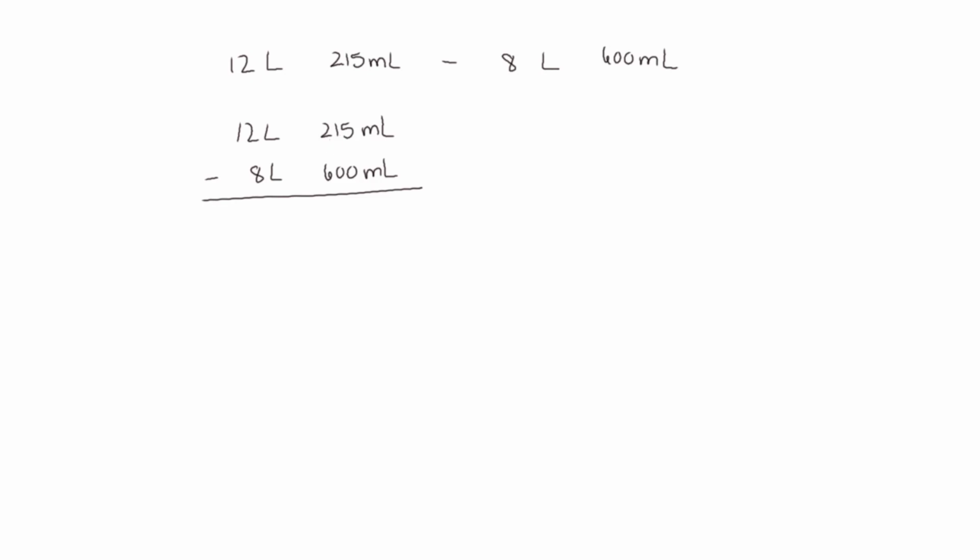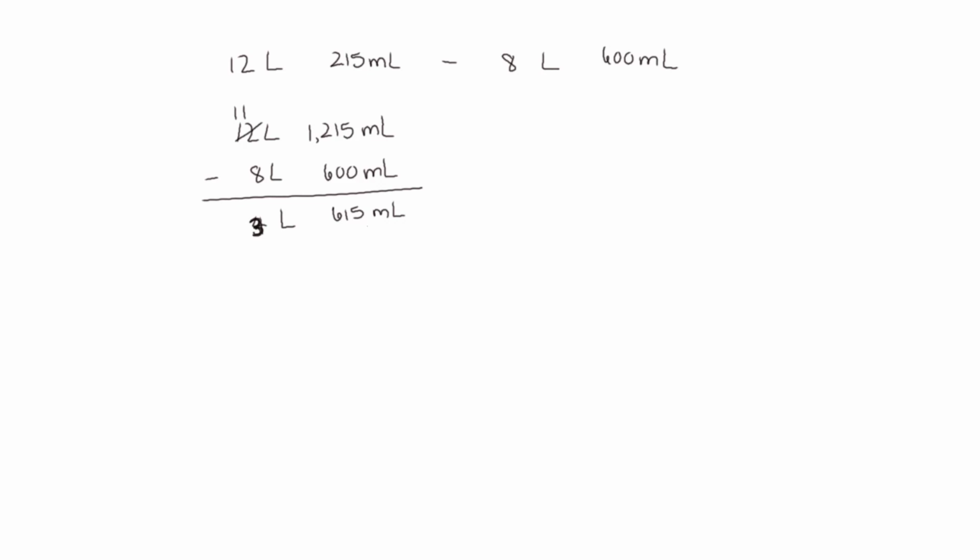We can't subtract 600 from 215, so we'll decompose this and add it to the milliliter side. So now we have 1,215 milliliters minus 600 milliliters. That would give us 615 milliliters. And 11 take away 8 would give us 3.